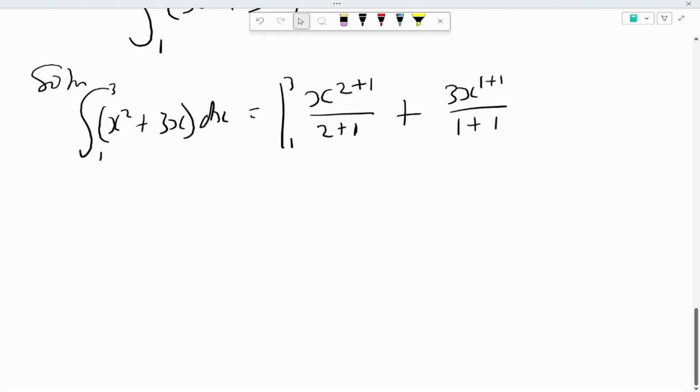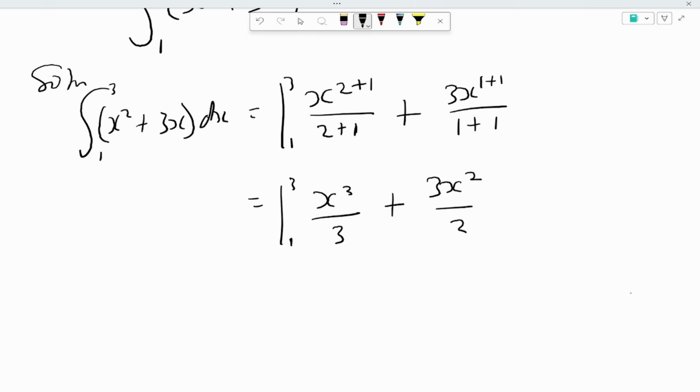Then this will give you, maintaining the limit signs, x raised to the power 3 all over 3 plus 3x raised to the power 2 all over 2. This is the integral value of the function that we're given.